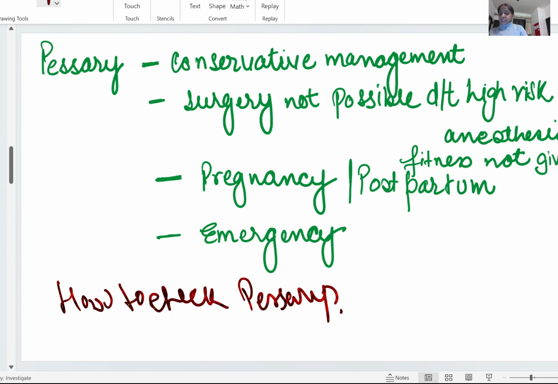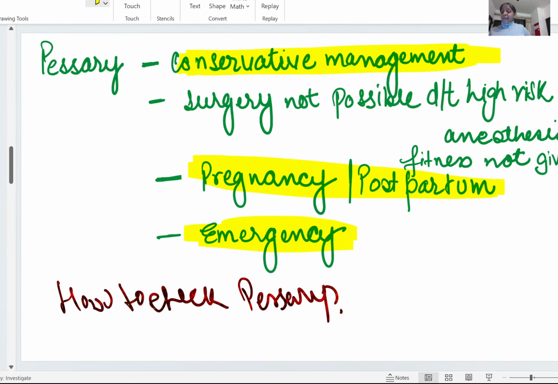If we cannot do surgery in any condition, then it is conservative management. We cannot do surgery in pregnancy or postpartum, or in emergency, because this is not a life-threatening condition.